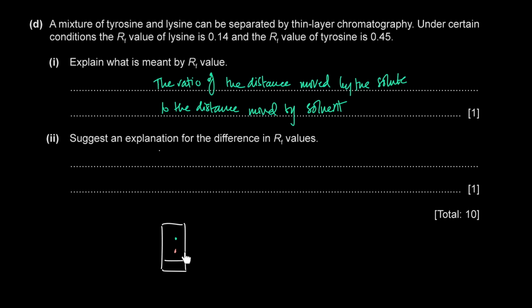The stationary phase is the solid coating on the plate, the adsorbent. We have adsorption. Since lysine is traveling a shorter distance, we can say that it's more strongly attracted to the stationary phase, to the solid surface of the plate. It's adsorbing more strongly.